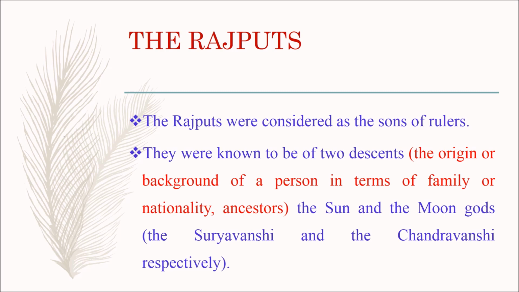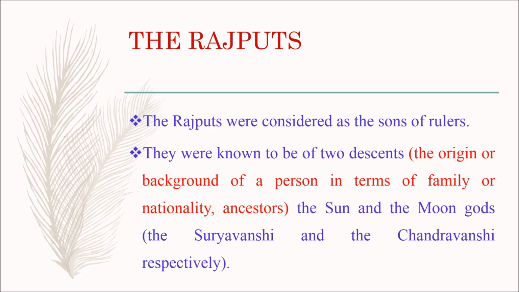Here, descent means the origin or background of a person in terms of family or nationalities. In other words, ancestors. So, Rajputs were known to be of two descents, the sun and the moon gods, that is, the Surya Vanshi and the Chandra Vanshi respectively.